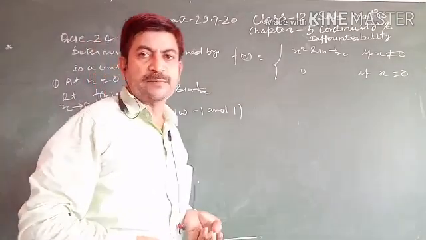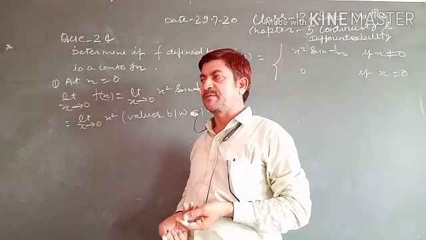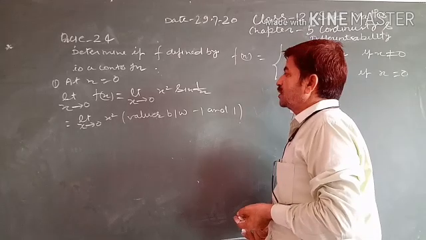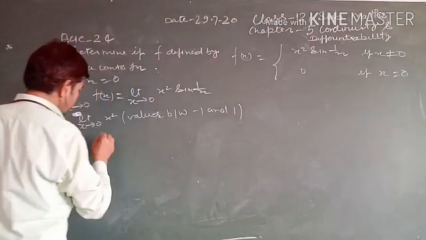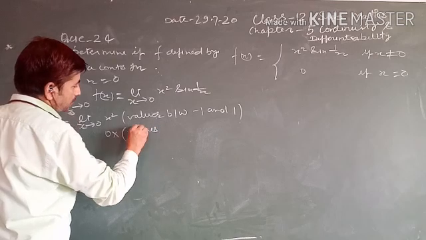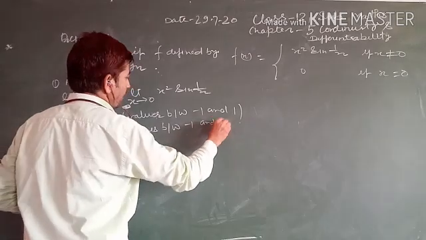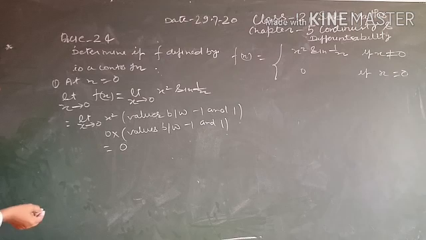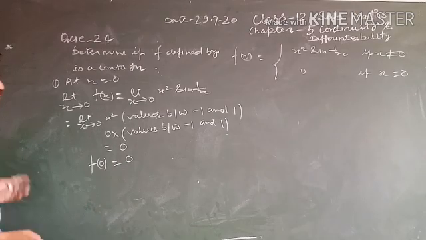Maximum value of sin is 1 and minimum value of sin is minus 1. So values of sin 1 upon x are oscillating between minus 1 and 1. On assigning the limit 0, values between minus 1 and 1 are equal to 0, and the value of the function f(0) is equal to 0.